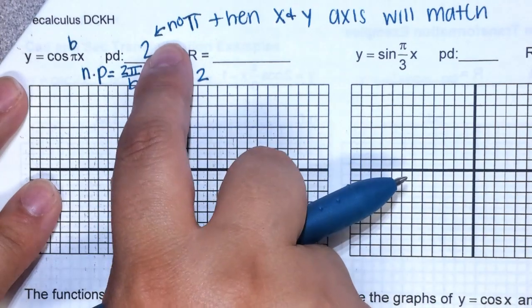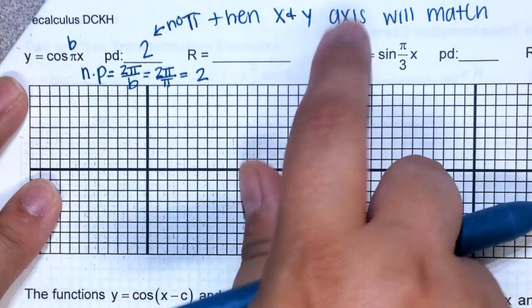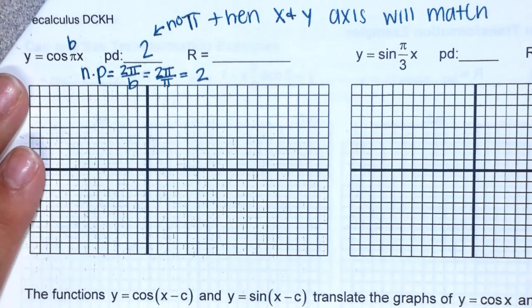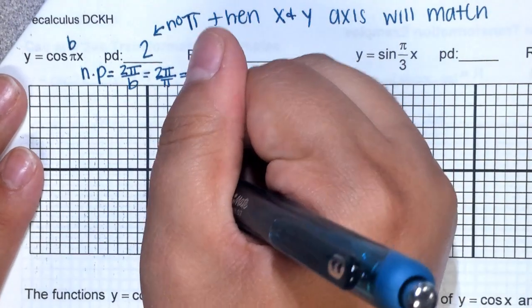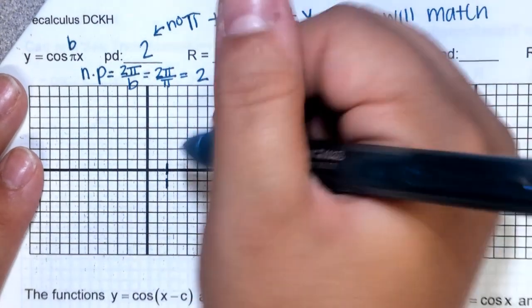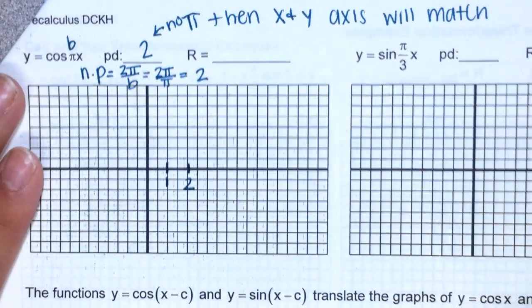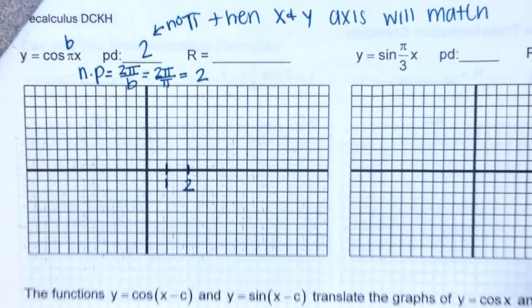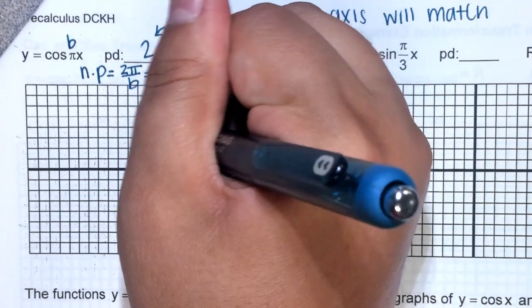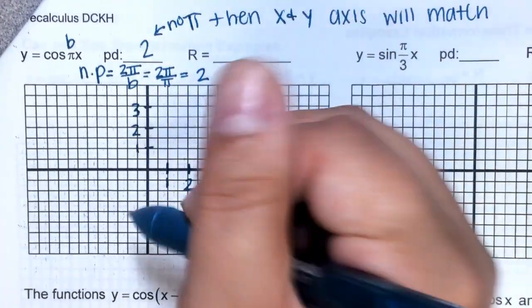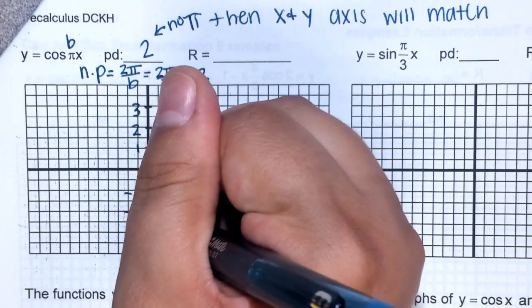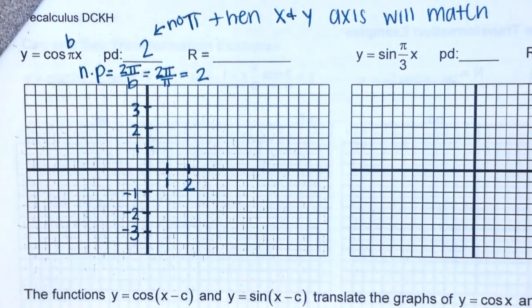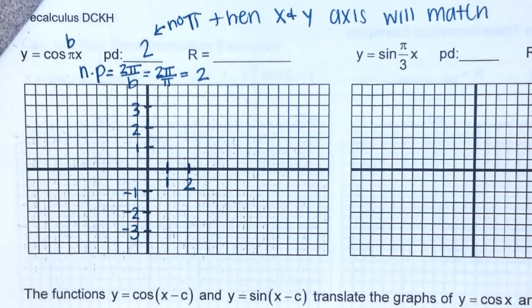If you have a new period that has no pi in it, your x and y-axis will match. So the x-axis is going to go skip 1, 1. Skip 1, 2. And I'm done. And still do your y-axis. Does that make sense? Yeah. Okay, because I don't want to sit there and try to figure out where 2 is. I'm just going to make my axis go with this method.